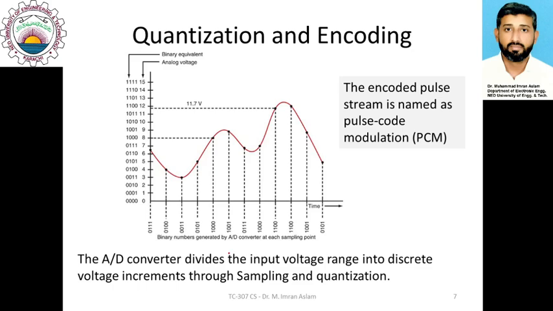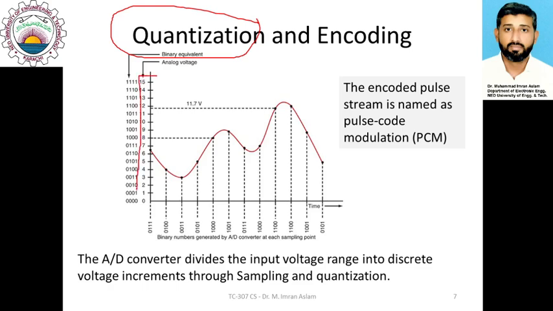Okay, let us turn back to the previous example that we were taking. So once the sampling is performed, the next stage is to quantize the signal. So the next process is the quantization process. In the quantization process, we transform the sampled values into a predefined number of levels.